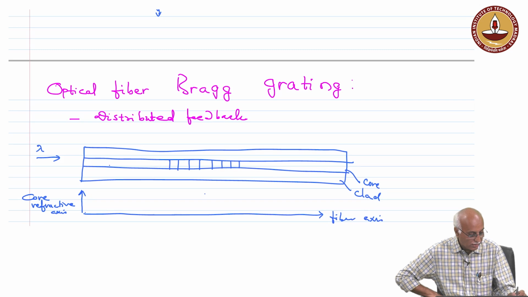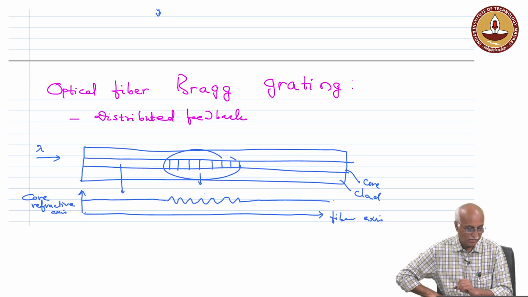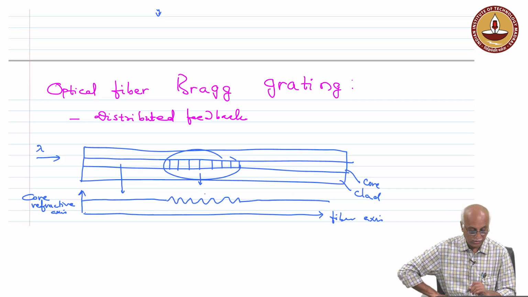So, in this region the refractive index change is not there, no change. However, in this region there is a small refractive index change, and again there is no refractive index change. I introduced it like this.